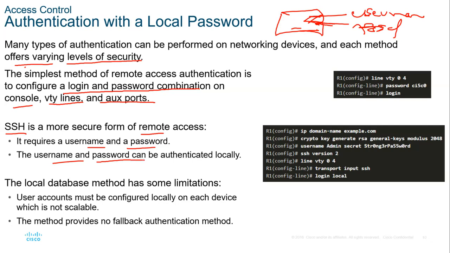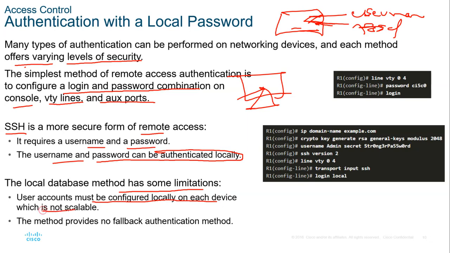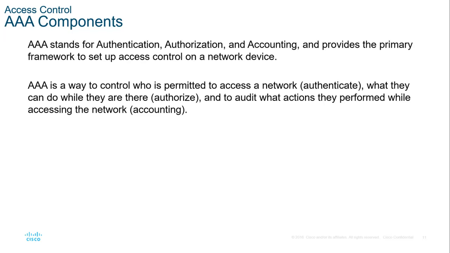The username and password can be authenticated locally, on this very device that you're protecting. The local database method has some limitations. User accounts must be configured locally on each device, meaning that if you have 100 devices, you have to have 100 credentials on every device.